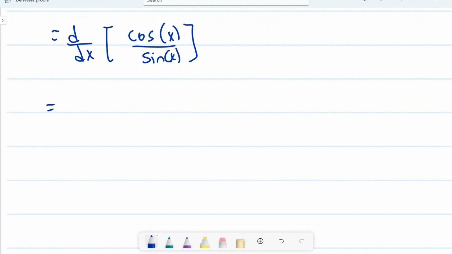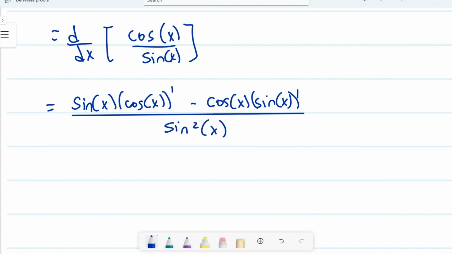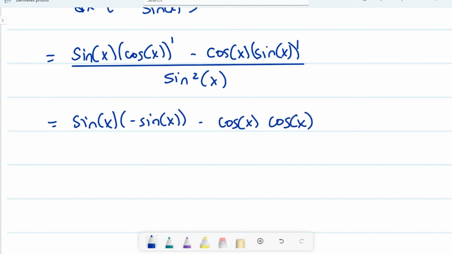This derivative is equal to the denominator times the derivative of the numerator minus the numerator times the derivative of the denominator, all divided by the denominator squared. So divided by sine squared of x. So the derivative of cos of x is negative sine of x, and the derivative of sine of x is cos of x.